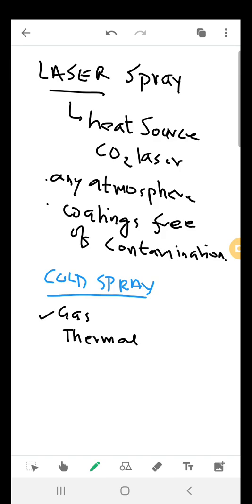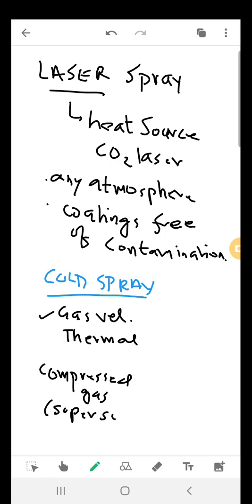So we have a compressed gas, which is so much compressed that it forms a supersonic jet when released.